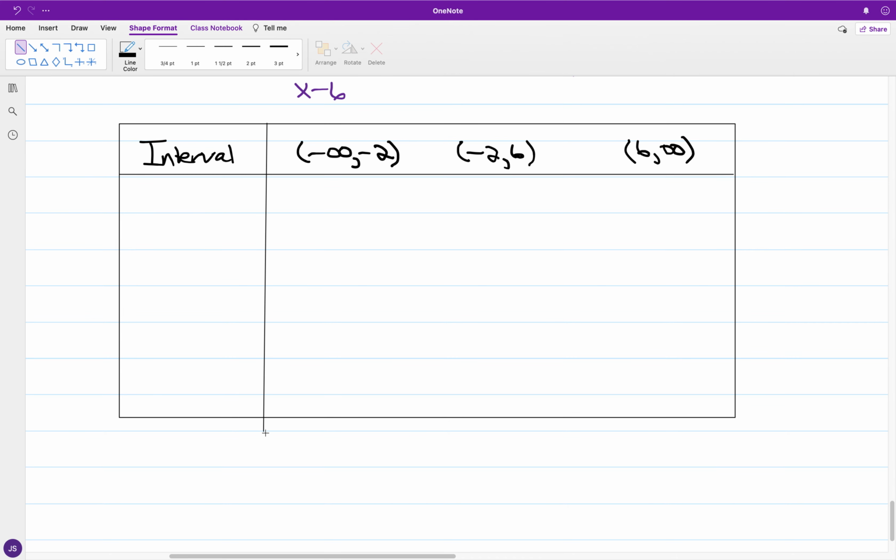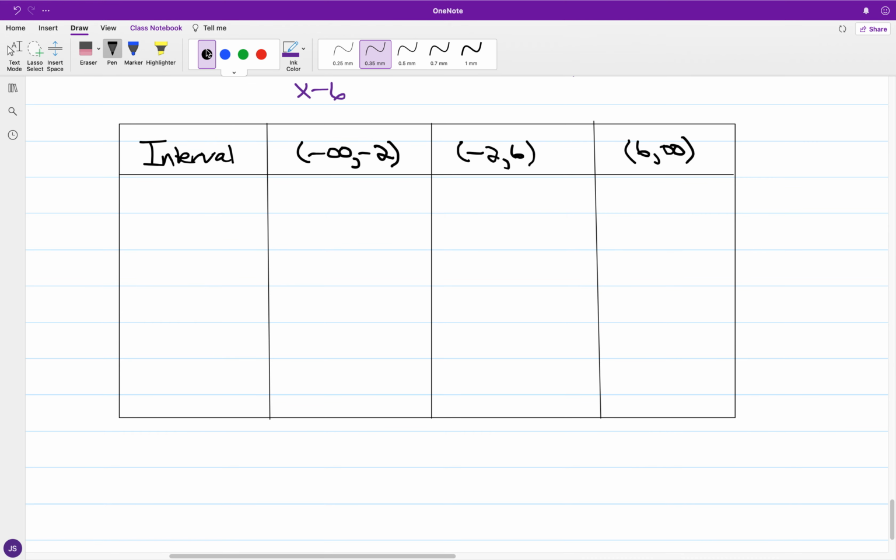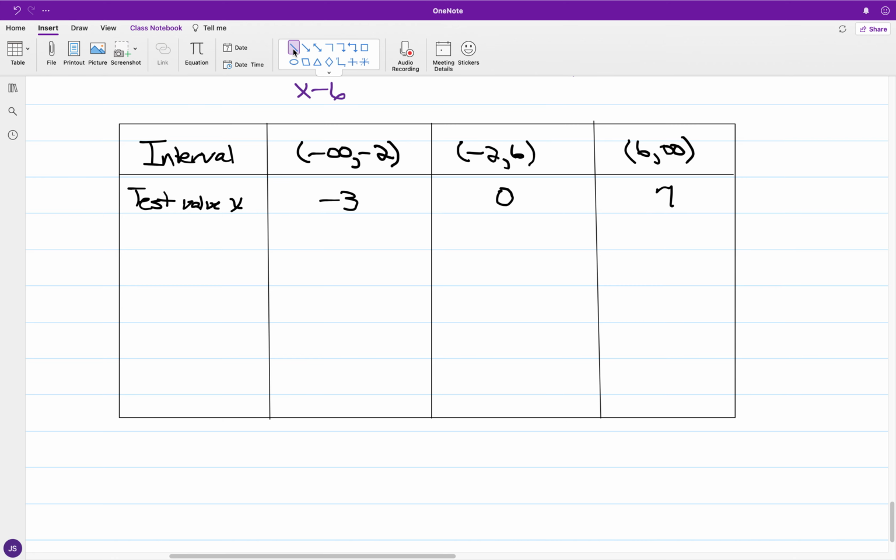And just looking at the inputs that we can apply: anything less than -2, we can go with -3. Between -2 and 6, I can once again apply 0, and anything greater than 6, we can go with the number 7.